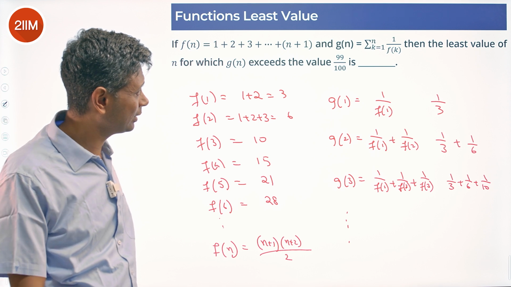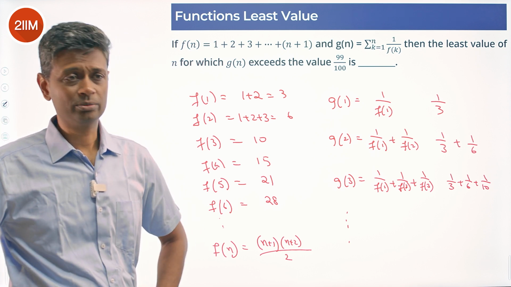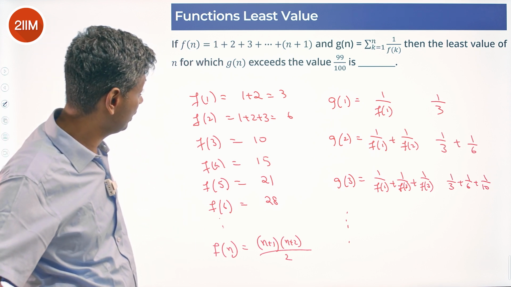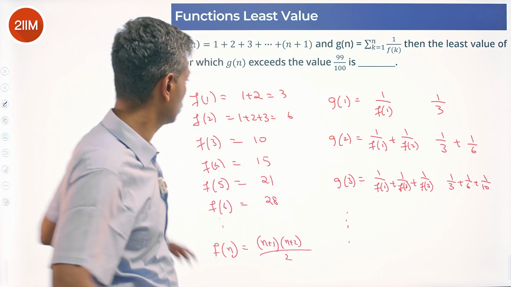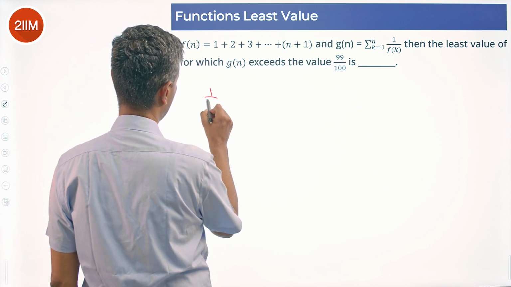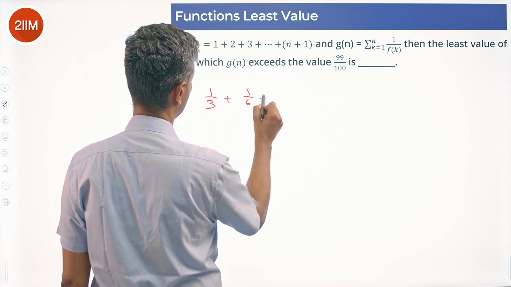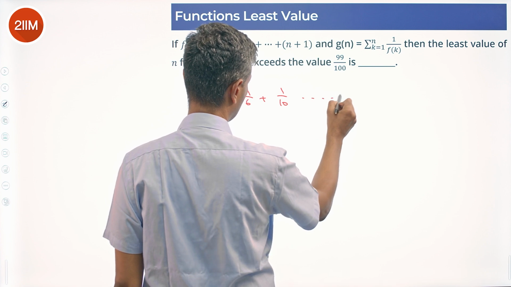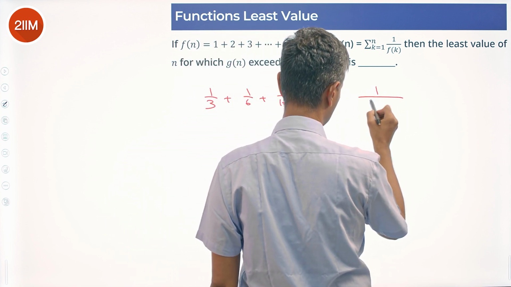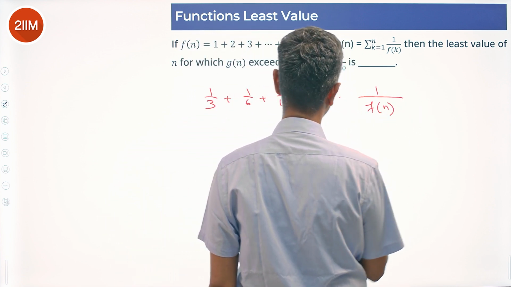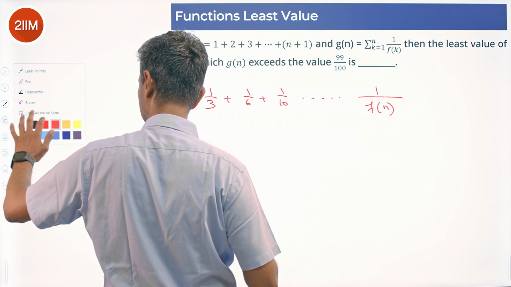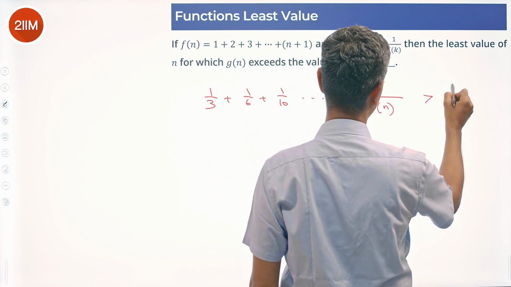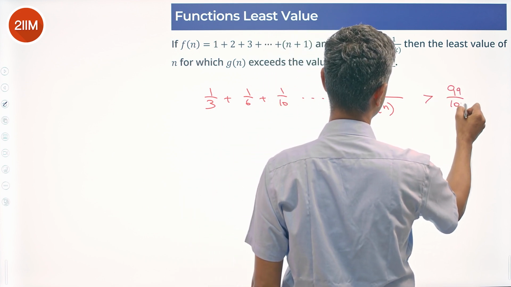Nice, brilliant. So now we are on to something. We want to find g of n where g of n exceeds 99 by 100. So 1 by 3 plus 1 by 6 plus 1 by 10 all the way up to 1 by f of n should be greater than 99 by 100.